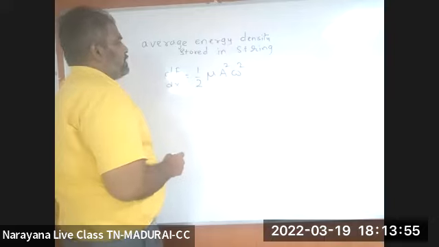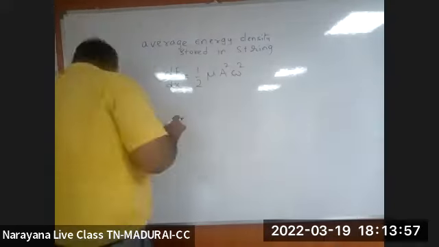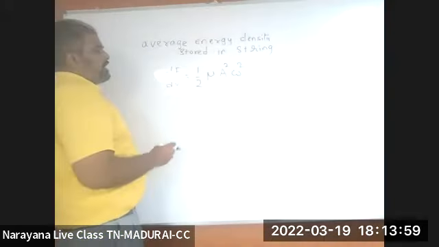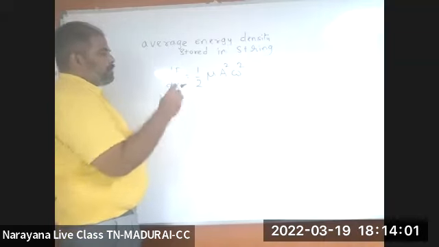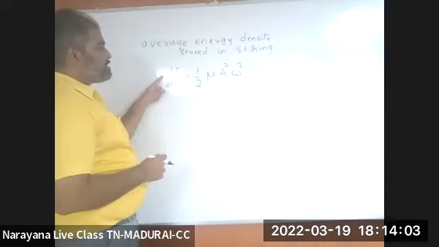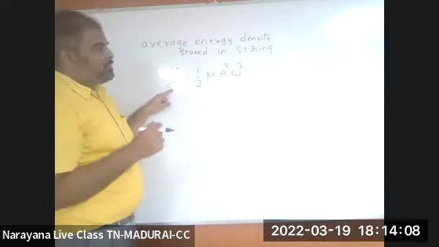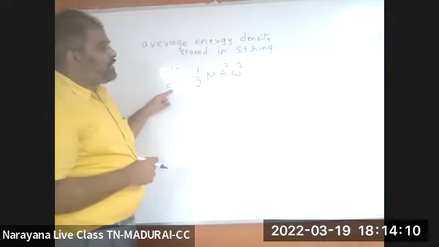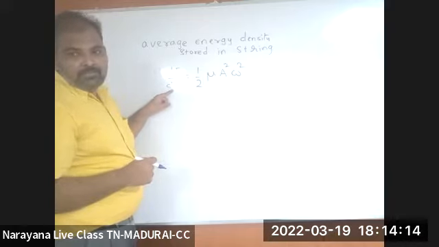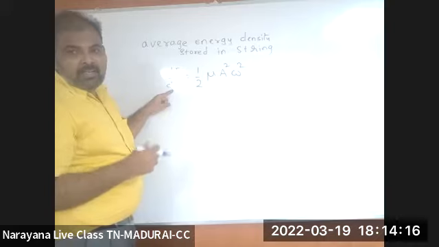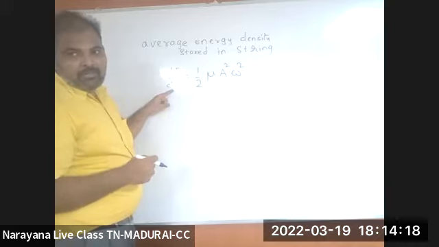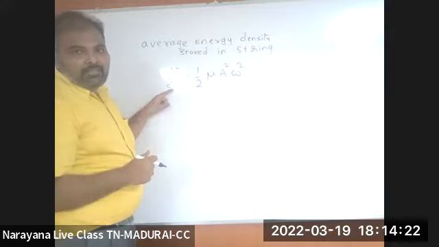Now here I want to find the average energy density stored in volume. This is the average energy stored in the string. There is no rule that only waves should propagate in the string. Sometimes waves also propagate in rods. Rod means very wide wire, a wire with the largest thickness.